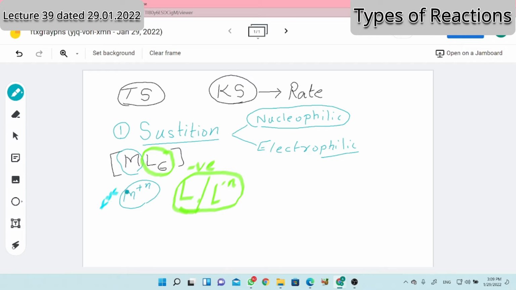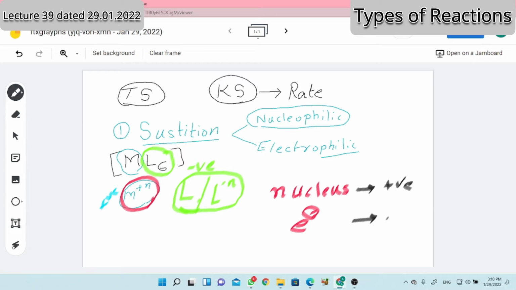So if there is a reaction where substitution takes place of the metal, then will that reaction be nucleophilic or electrophilic? Is that metal an electrophile or a nucleophile? See, what is the charge on the nucleus? Positive.